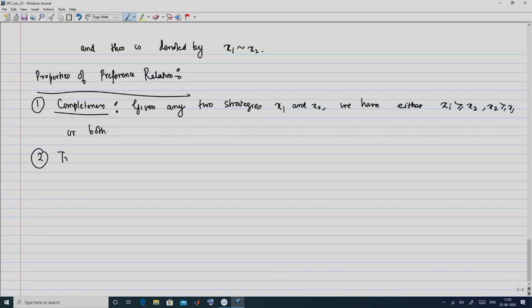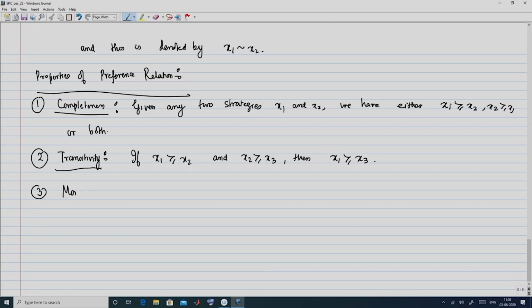Next is transitivity. So, if the consumption under x1 is preferred over x2, or at least preferred as much as x2, and x2 is at least preferred as x3, then this preference will hold for x1 over x3.